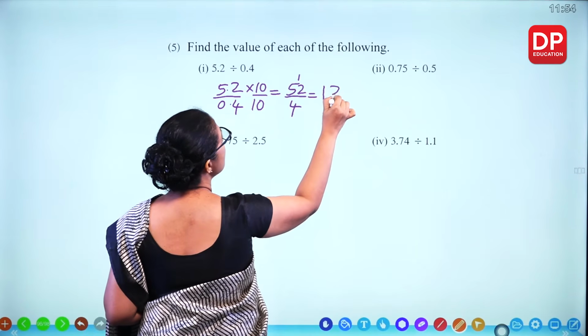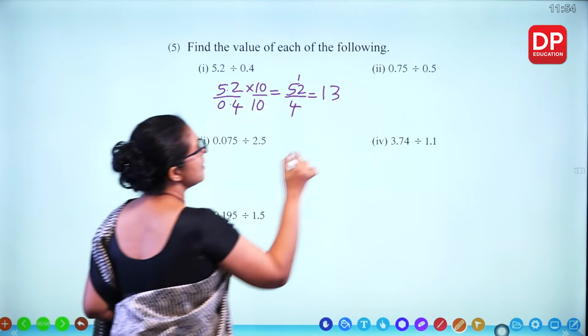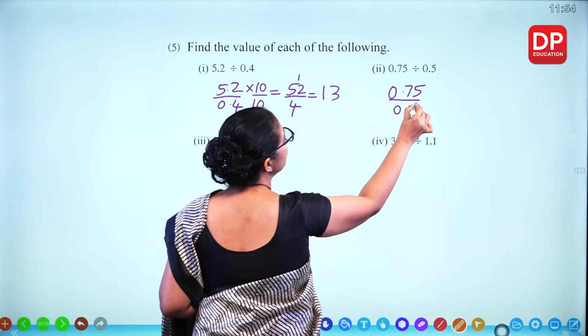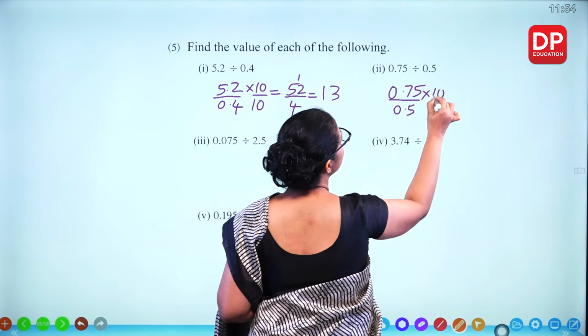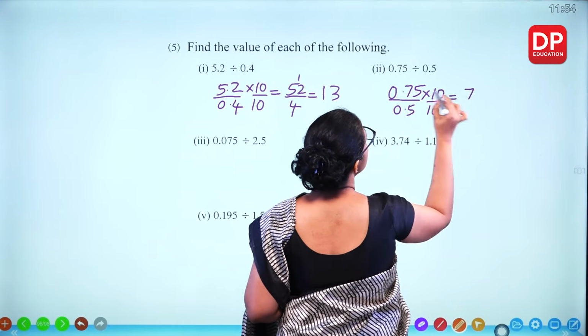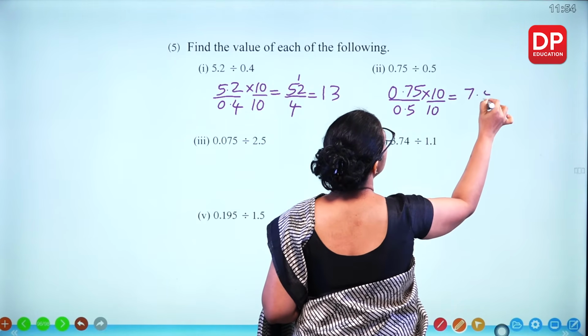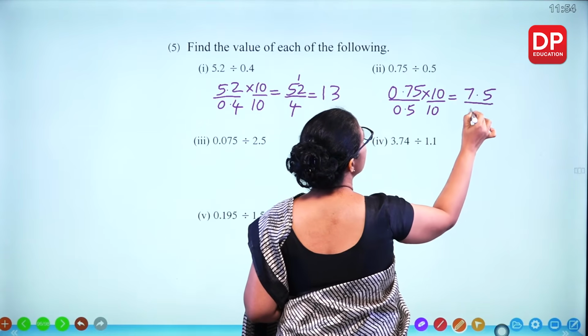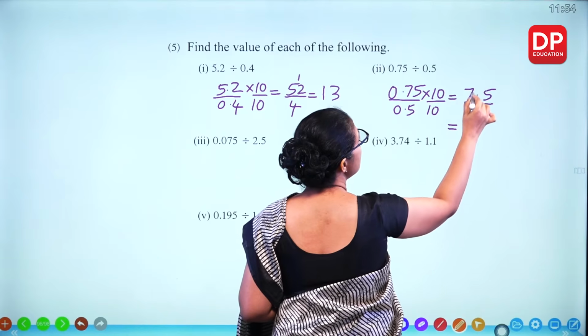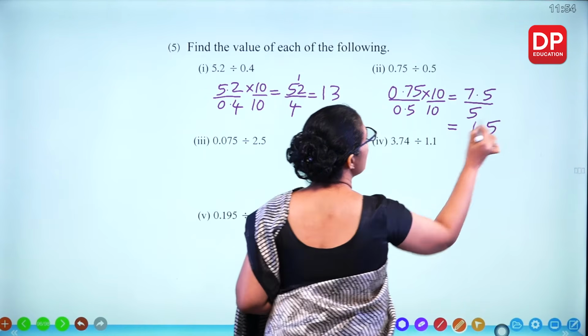For 12, that's 13. 0.75 divided by 0.5. Multiply by 10. 7.5 divide by 5. So what's the answer? You get 1. For 25, that's 5. 1.5.